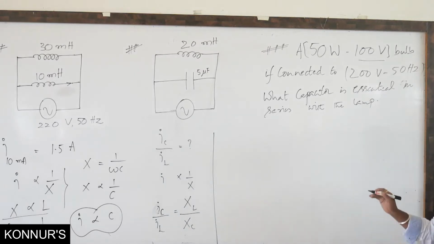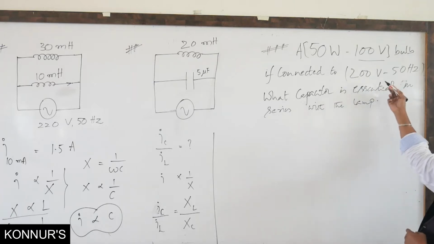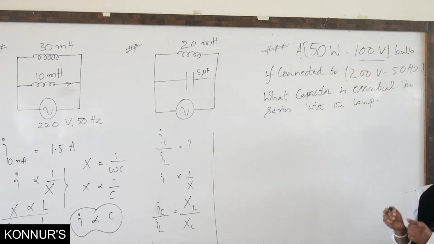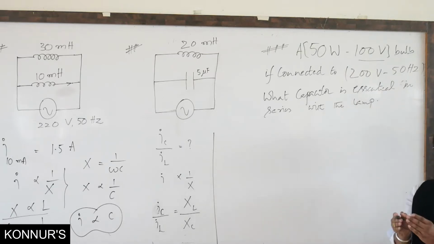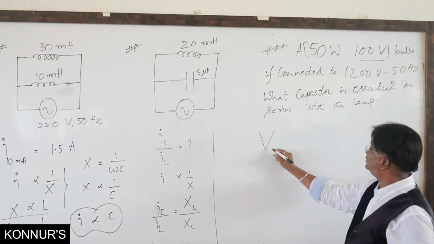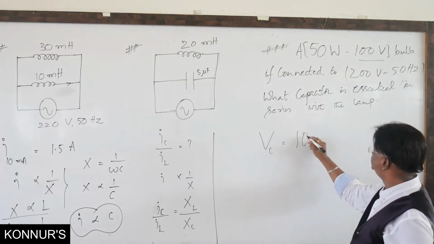Is the concept clear? Now what is the excess voltage? 200 minus 100, 100 volts. So that 100 volts should be taken up by the capacitor. Therefore V across capacitor is equal to 100 volts.